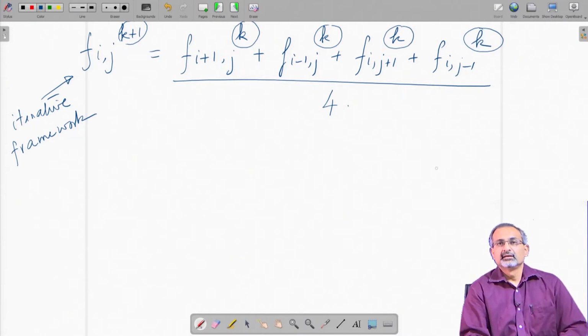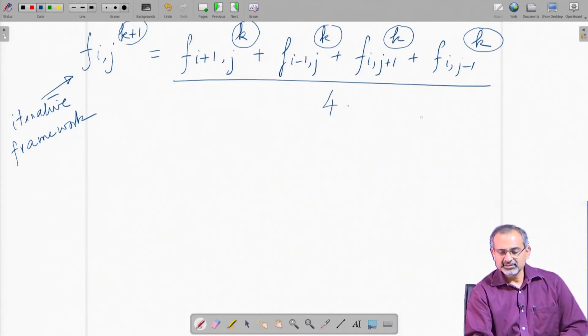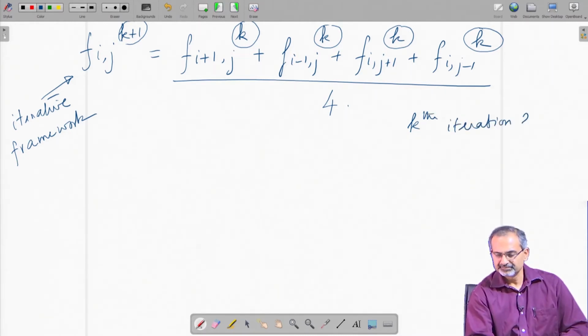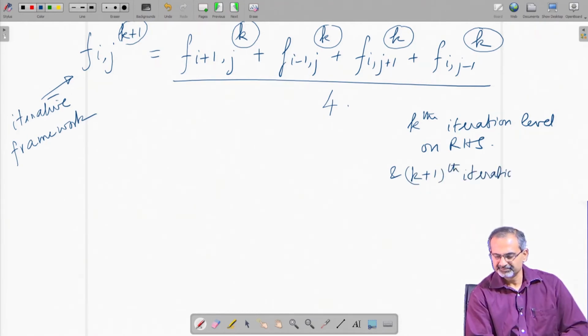Only thing is that we have the functional values at the kth iteration level on right hand side and k plus 1th iteration level on left hand side.